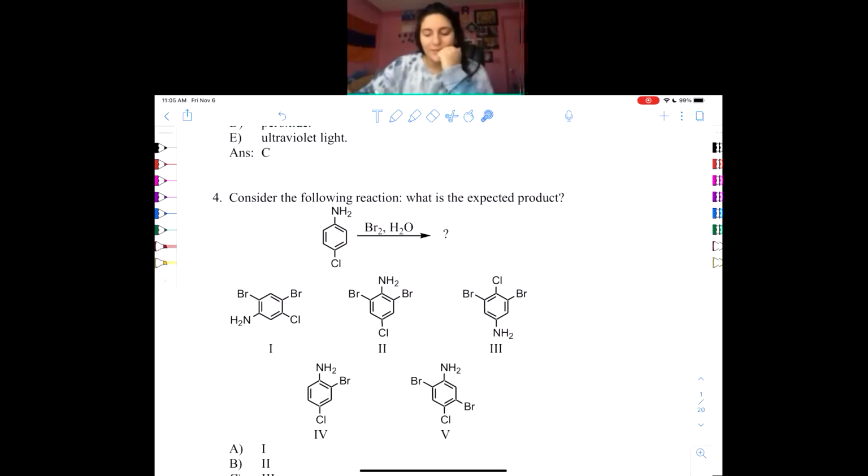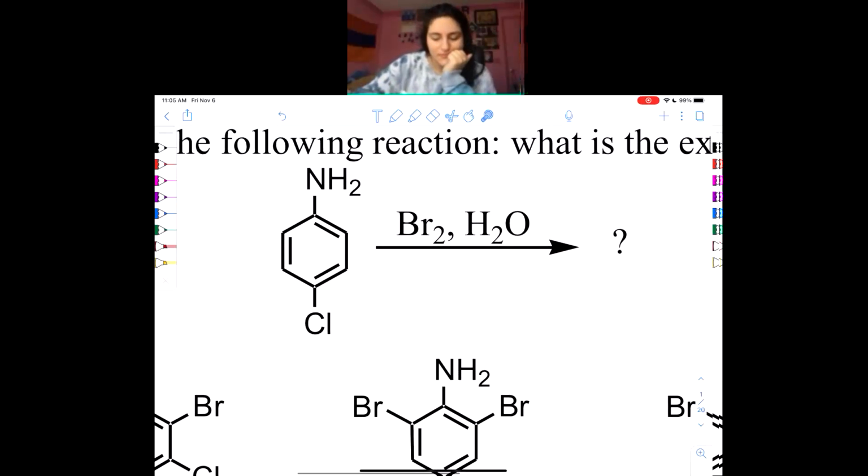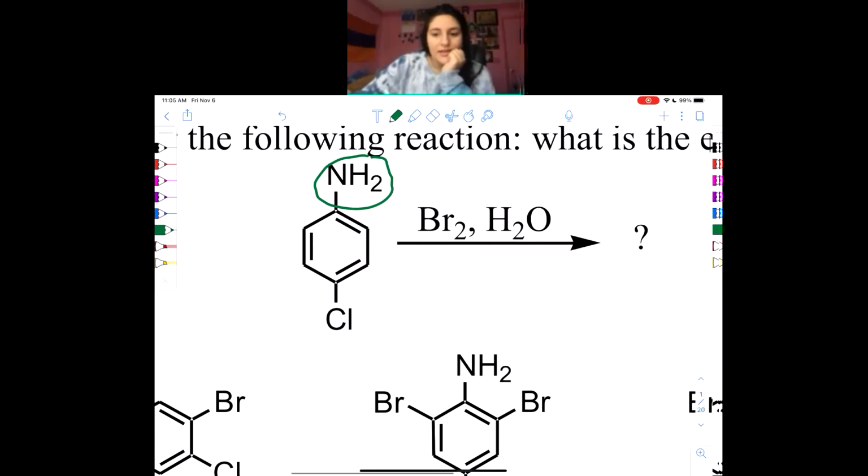All right, so this one is a multiple substitution one, and it's a really common one for the exam. First thing we have to do, I'm going to zoom in real close. We're going to circle NH2, and you tell me, is this an activator, a weak deactivator, or a strong deactivator? Yep, it's the strongest activator.